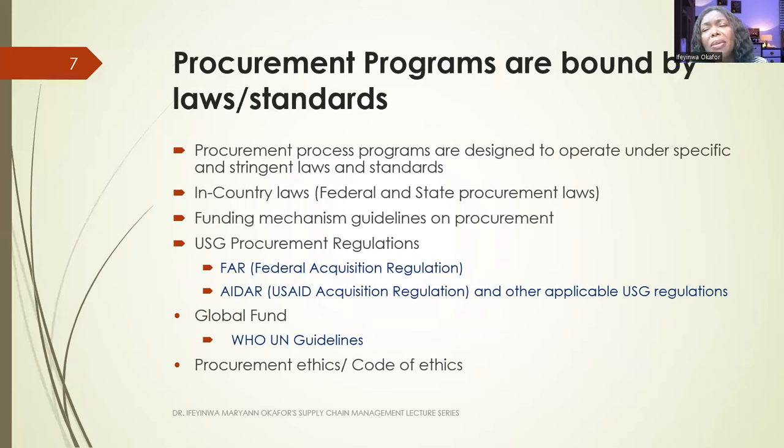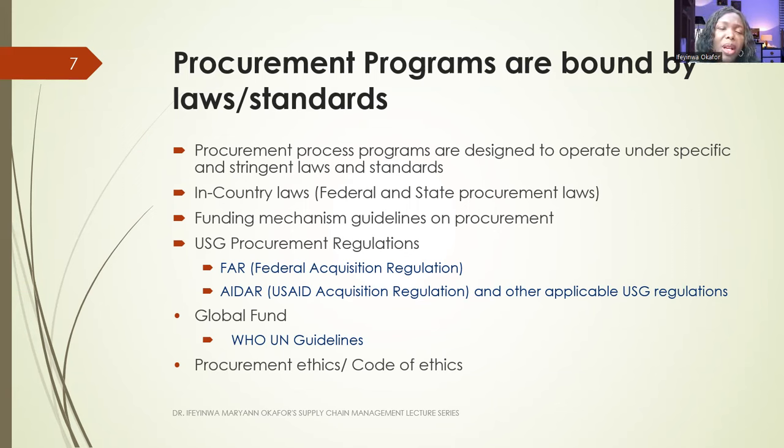Now, procurement programs are bound by laws and standards. They are designed to operate under specific and stringent laws and standards in different countries. We have in-country laws like federal and state procurement laws. We have funding mechanisms, and the funders have their guidelines on procurement.